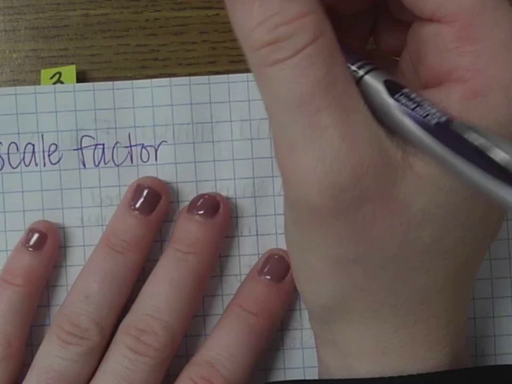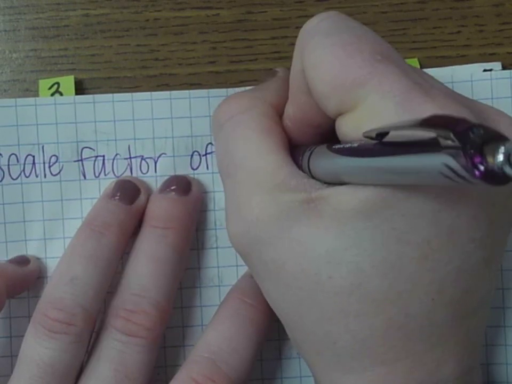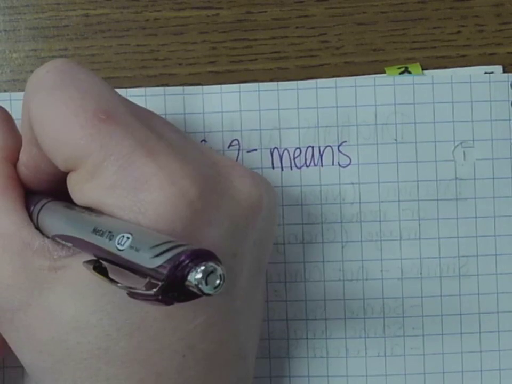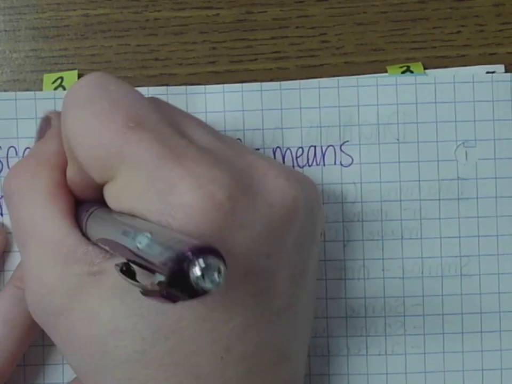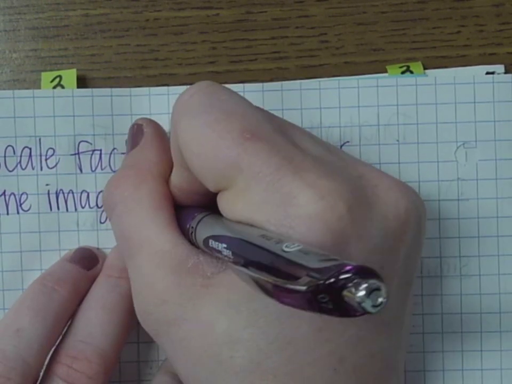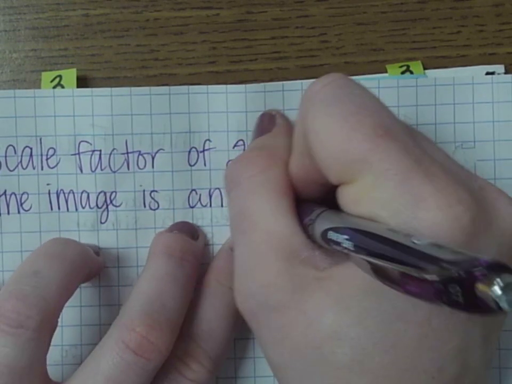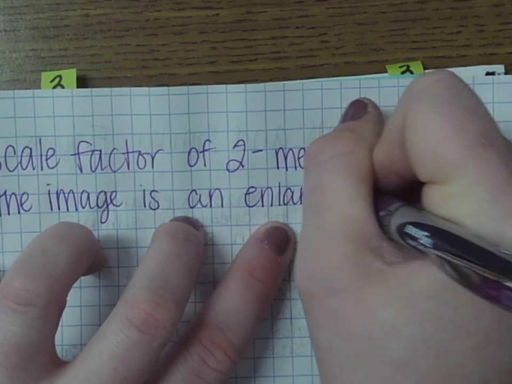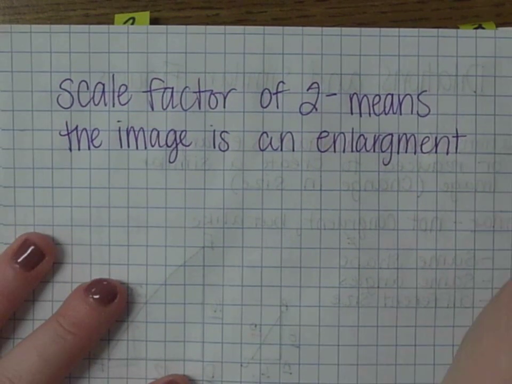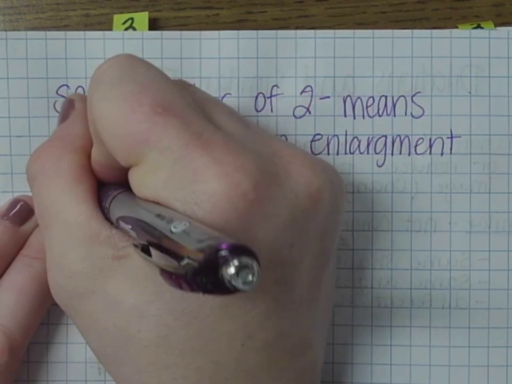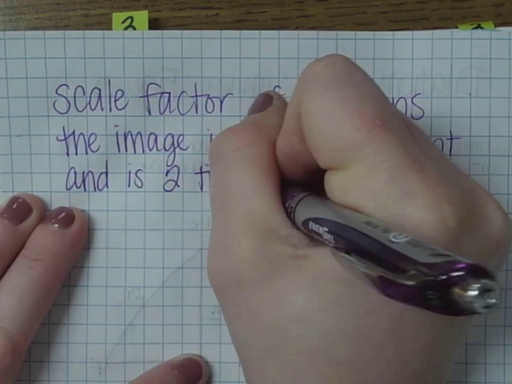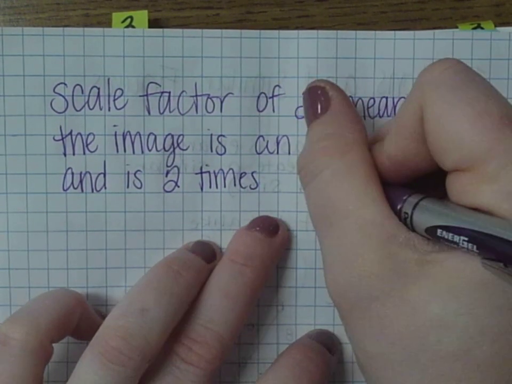So a scale factor of 2 means the image is an enlargement and is 2 times larger.